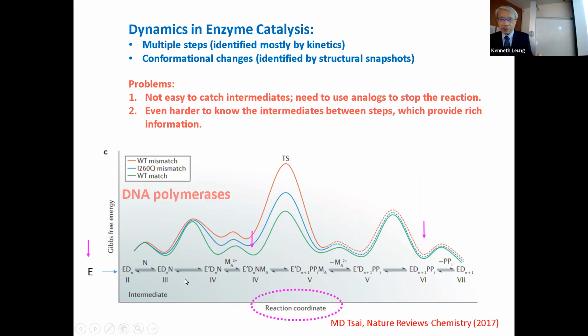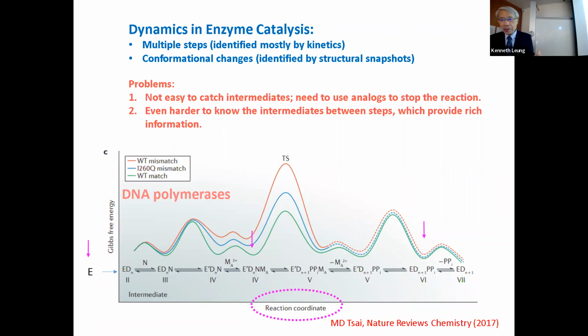They are not all the same because researchers are trying to catch different intermediates in order to understand the process. Some of them may work on the free enzyme, some on the enzyme-DNA complex, some on the enzyme-DNA-nucleotide complex, and so on.